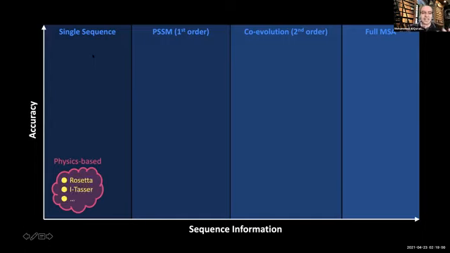Rosetta, I-TASSER, and a few other methods were at least in part physics inspired, not entirely so. These methods did work on single sequences, but I think it's fair to say, even till today, their accuracy remains somewhat limited. They work better if you incorporate additional information like structural templates, like Jinbo was mentioning. But without using any additional sequence information, it remains quite difficult to do well on this problem.